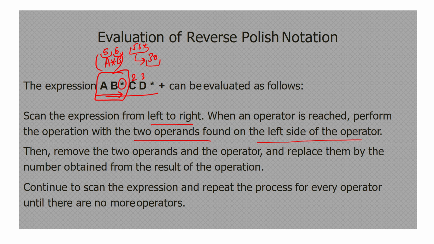So this multiply will be used on 2 and 3, and the answer will be replaced by 6. So when both the operations are done, we can use this plus for 30 and 6. So the answer will be 36.